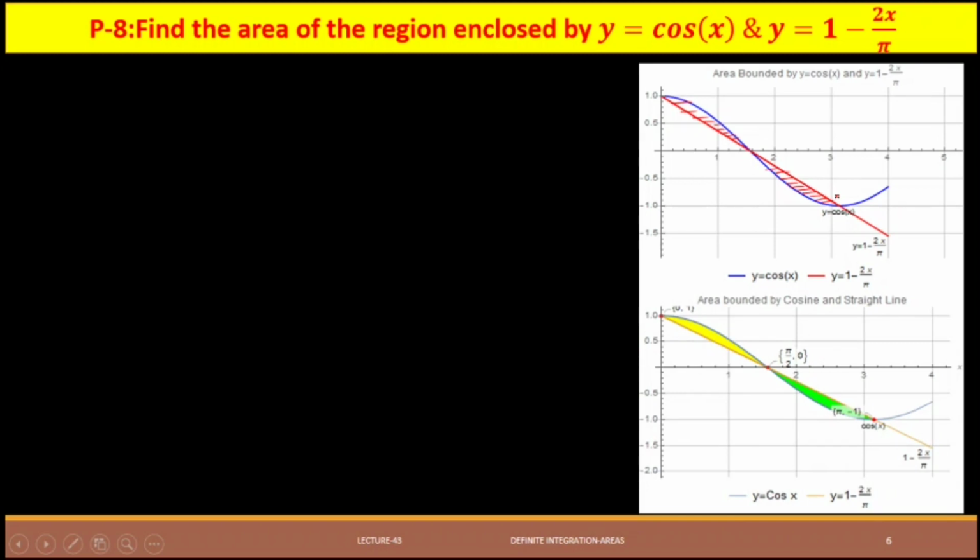Now here you have some points of intersection. How do we find out the points of intersection?